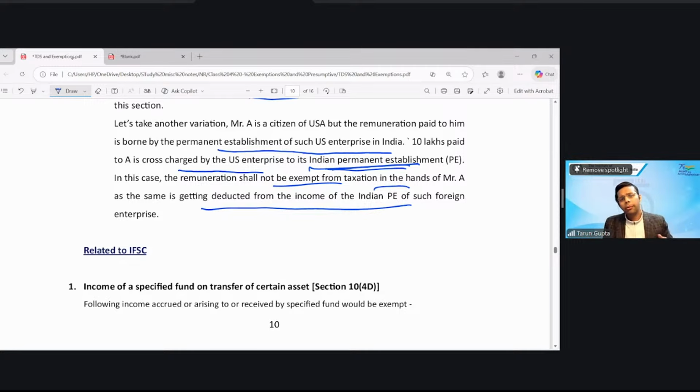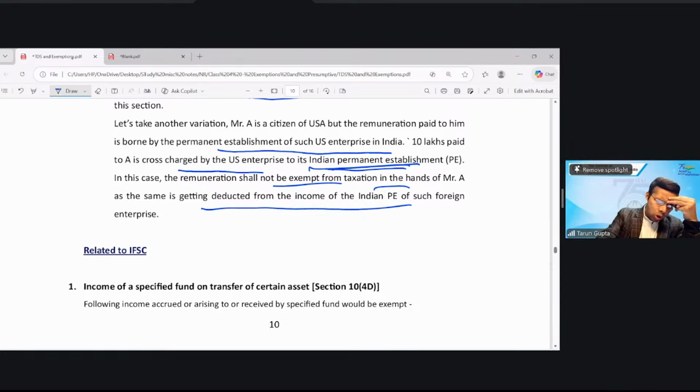So I told you this is an important section, and therefore it might be asked in the exam as part of an MCQ or a small question. There's no quid pro quo. See, the condition of quid pro quo is for the embassies. In the other case, if you're an employee of a foreign enterprise, foreign company, then you have to fulfill the three conditions, Sanjay ji.